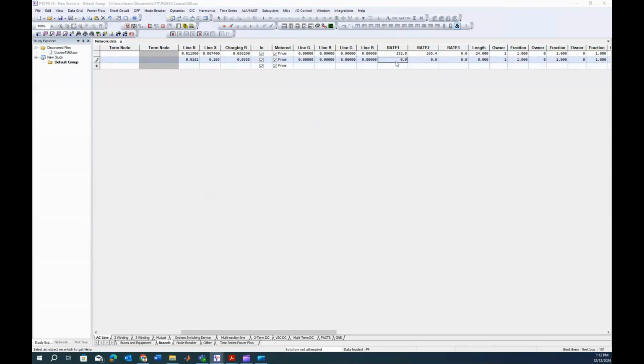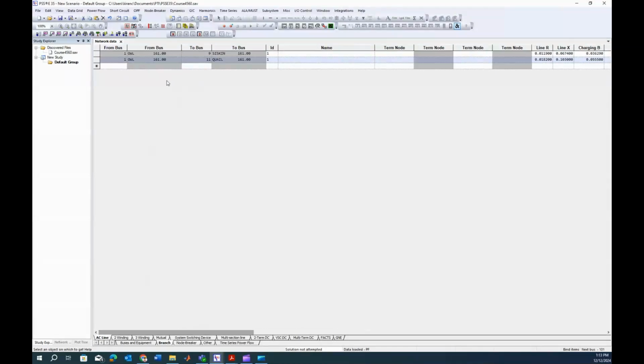In fact, that is same for the first line and second line. And then the length of the line, that is also given, 36.7 for the second line. So that's the information that you need to enter for the transmission lines. Like that, you need to fill all the information about the transmission lines.